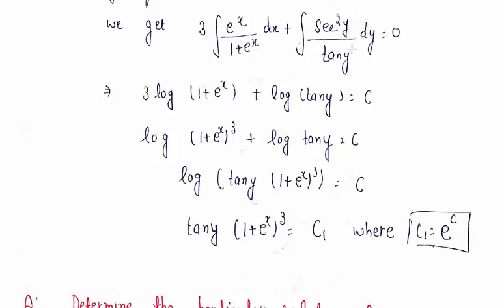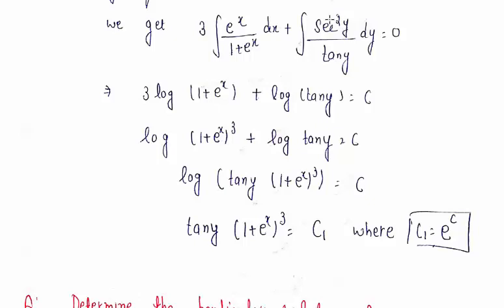Similarly, the derivative of tan y is secant square y. Again, the derivative of tan y is in our numerator. So this term can be written as log of tan y.